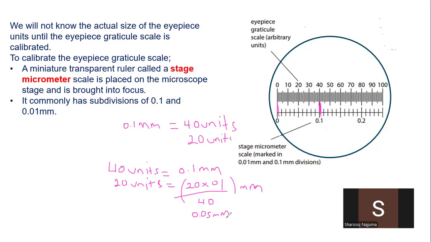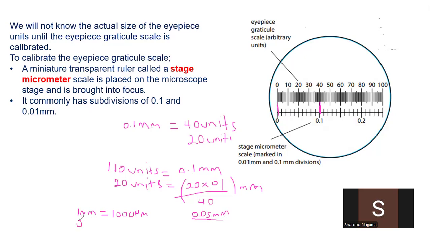But remember, the base unit of measurement most of the time used for a cell is micrometers. So turn these millimeters into micrometers. Remember, we said that 1 millimeter contains 1,000 micrometers.